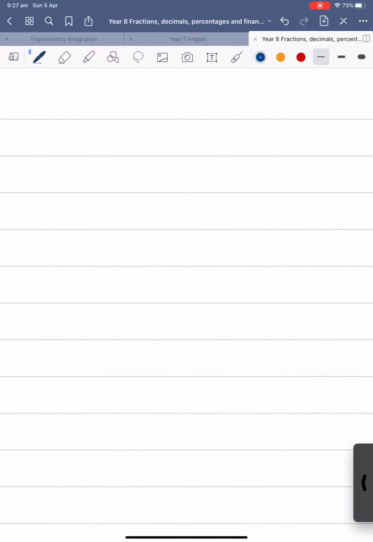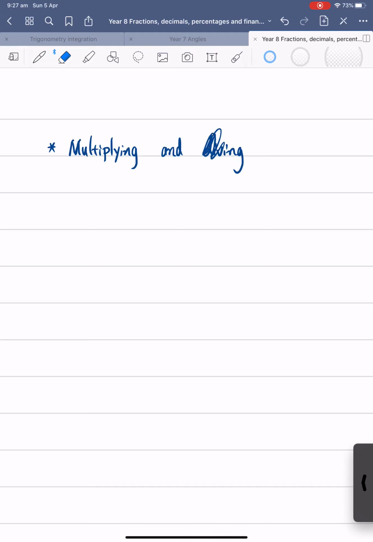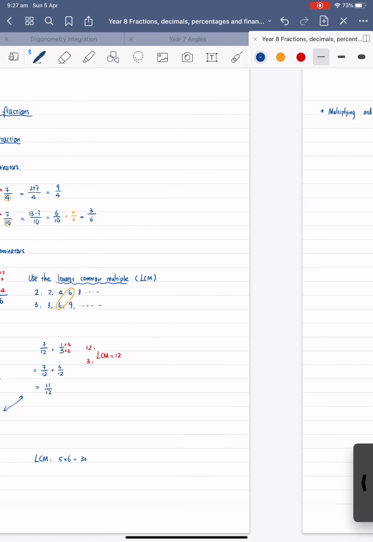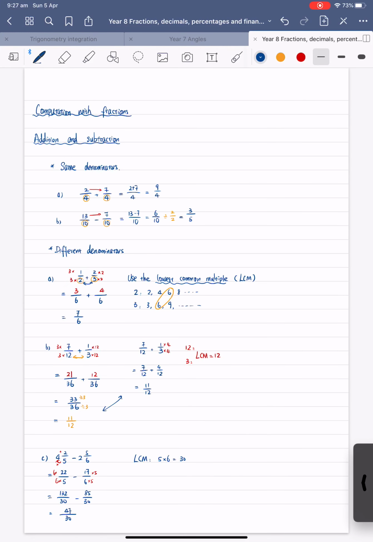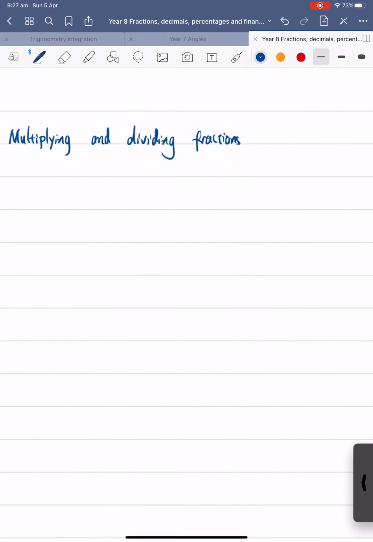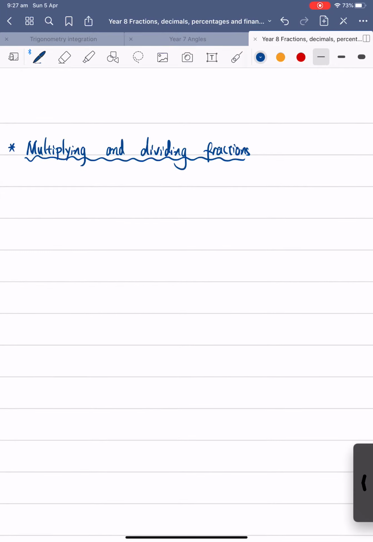I think multiplication and division are slightly easier than addition because you don't need to find the lowest common denominator. For addition and subtraction, pretty easy, same denominators. Now for multiplying and dividing fractions, we don't need to make the fractions the same denominator.